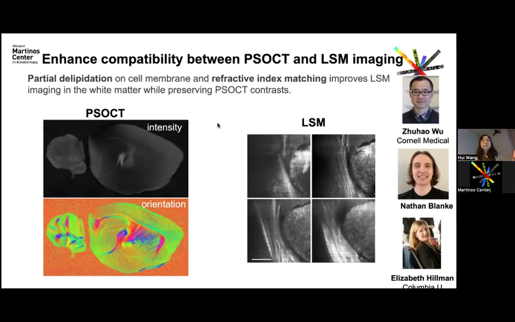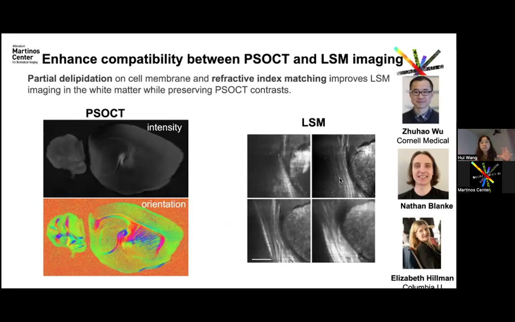So we tried different procedures, and we ended up finding one that really preserves good PSOCT information. This is a mouse brain, and with the same mouse going through the same procedure, we look at it on the light sheet microscope and see the fiber information there.